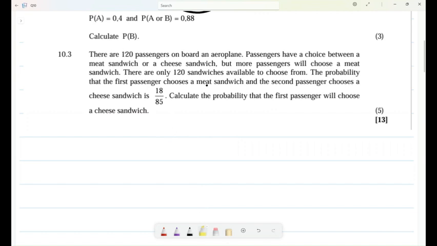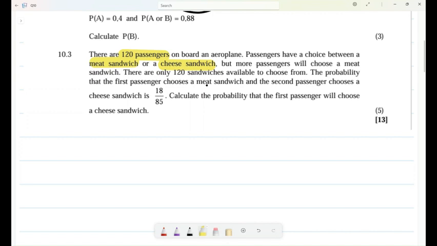They say to us there are 120 passengers on board an aeroplane. Passengers have a choice between a meat sandwich or a cheese sandwich, right? So there are two possible ways in which you can choose your sandwich. It is meaty or it is cheesy.